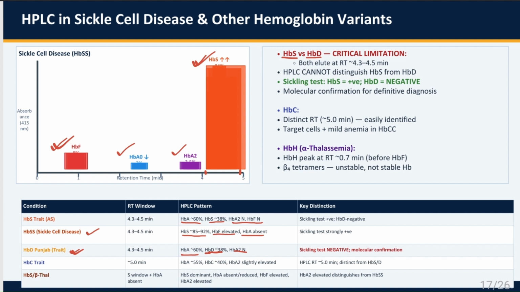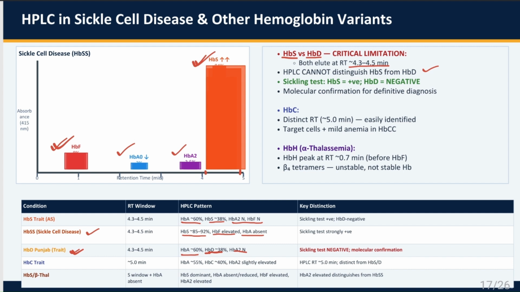For HbD, there is a problem in that HbS and HbD both elute at the same RT time, that is around 4.3 to 4.5 minutes. Hence HPLC cannot distinguish between HbS and HbD. For that we have to do sickling test, which is positive in HbS disease, that is sickle cell disease, and is negative in HbD.